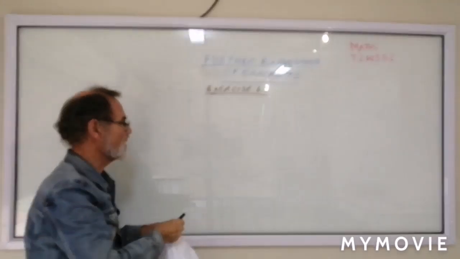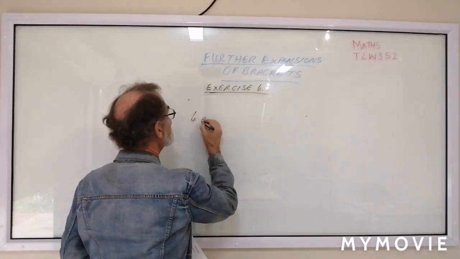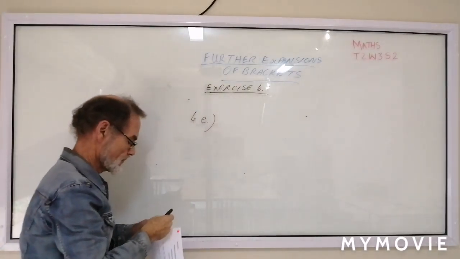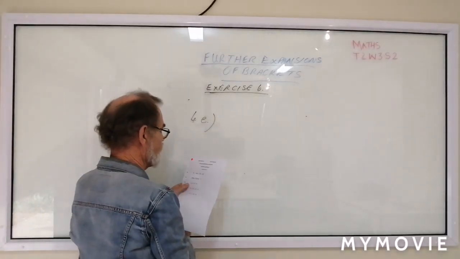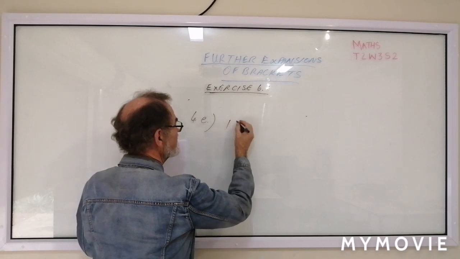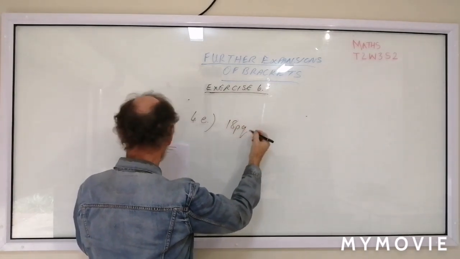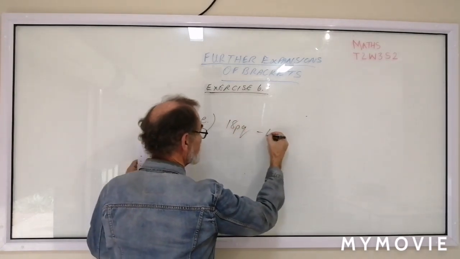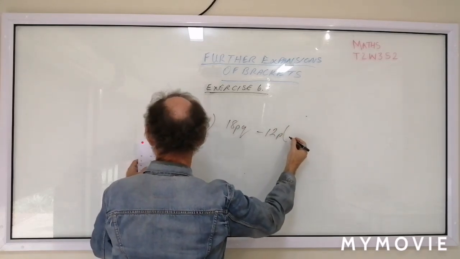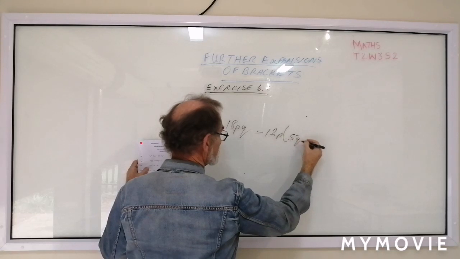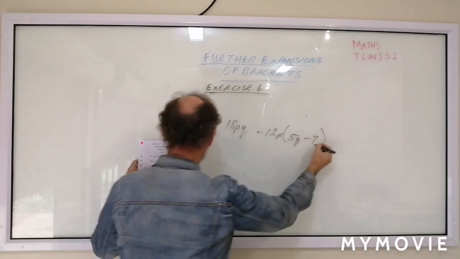We carry on with number 4E. I've just picked out a few of the ones that seem to be a little more advanced. 18pq minus 12p bracket, and this is 5q minus 7.